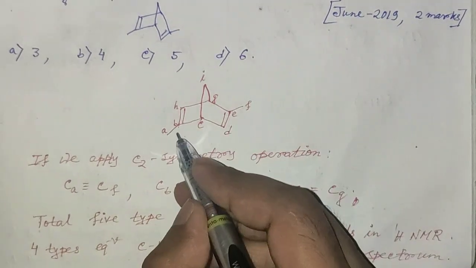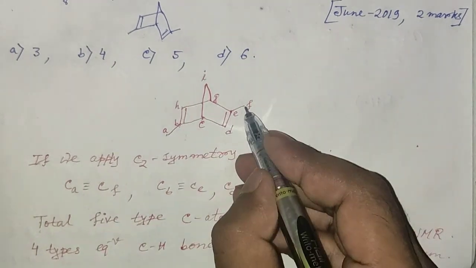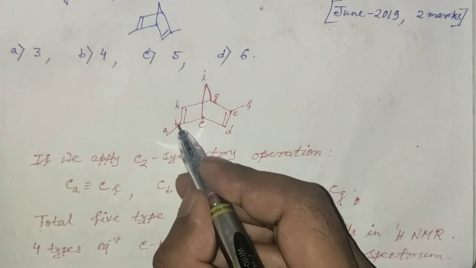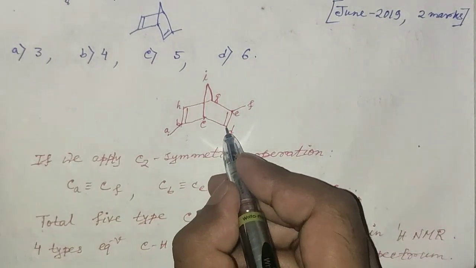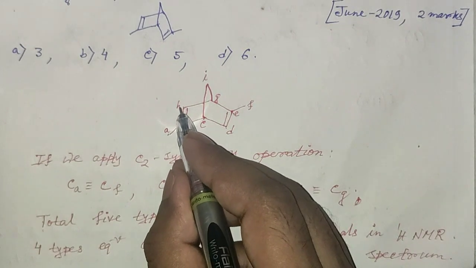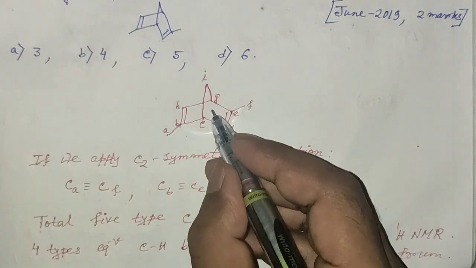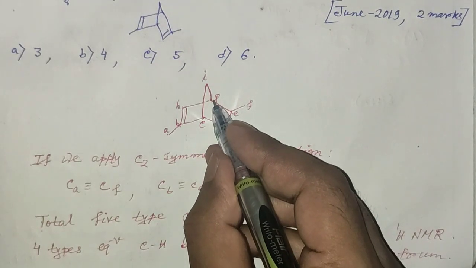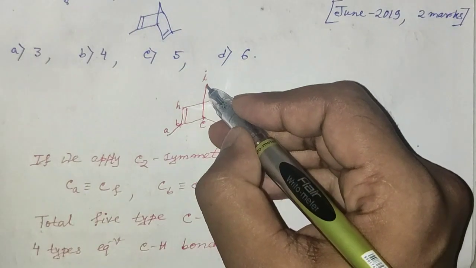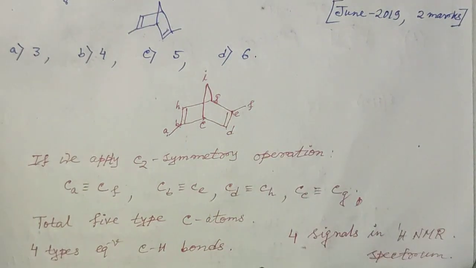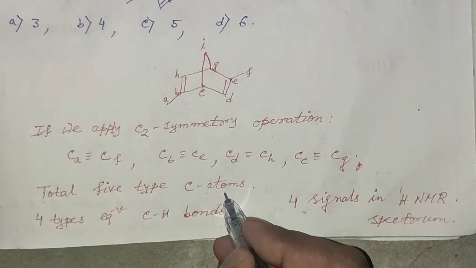So Ca will be equivalent to Cf, Cb will be equivalent to Ce, Cd will go here and be equivalent to Ch, and Cc will be equivalent to Cg. And this will remain as it is. So there are 5 different types of carbon atoms.